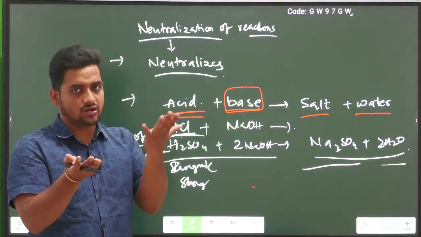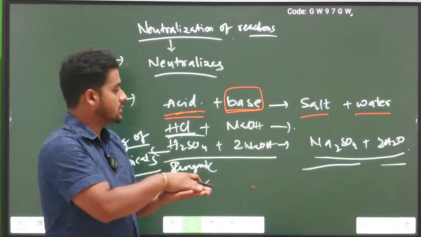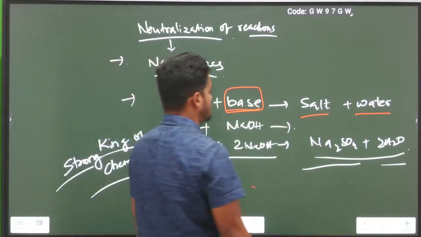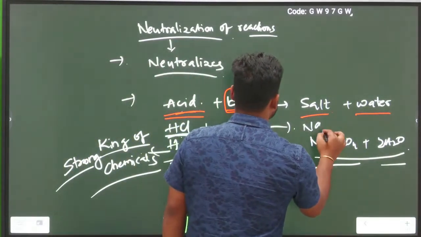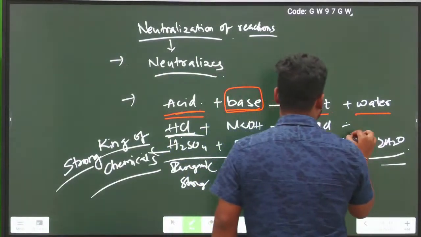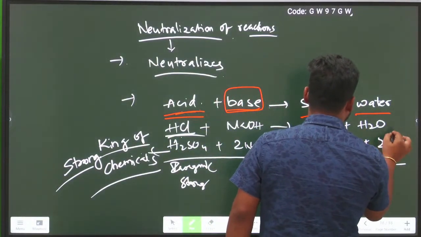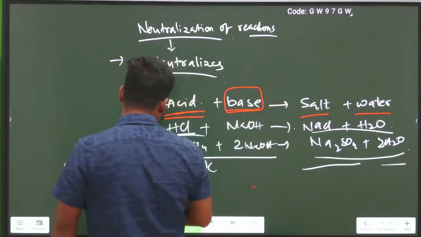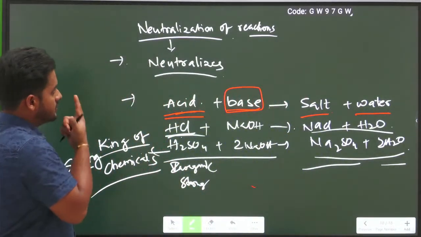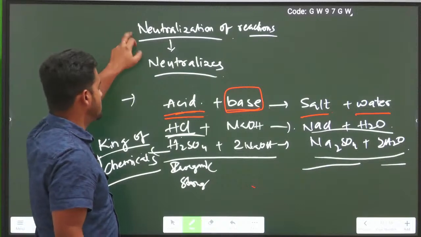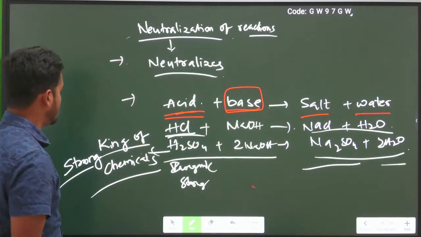You are having acid, you are taking base, that means you are reacting. Then a neutralization reaction takes place, giving you salt, NaCl plus H2O. Yes or no? So this is an acid base reaction. These are called neutralization reactions.